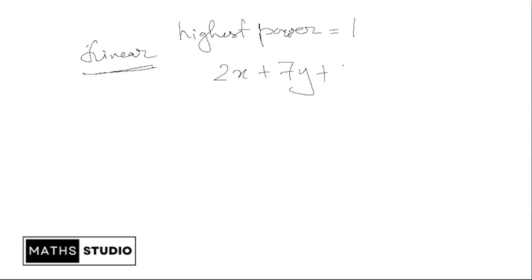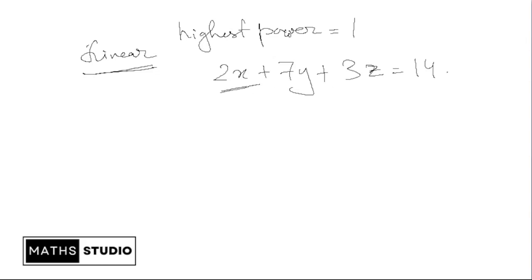Now when the expression on the left side as well as the right hand side has the highest power of the variable equal to 1, like for example 2x plus 7y plus 3z equal to 14.